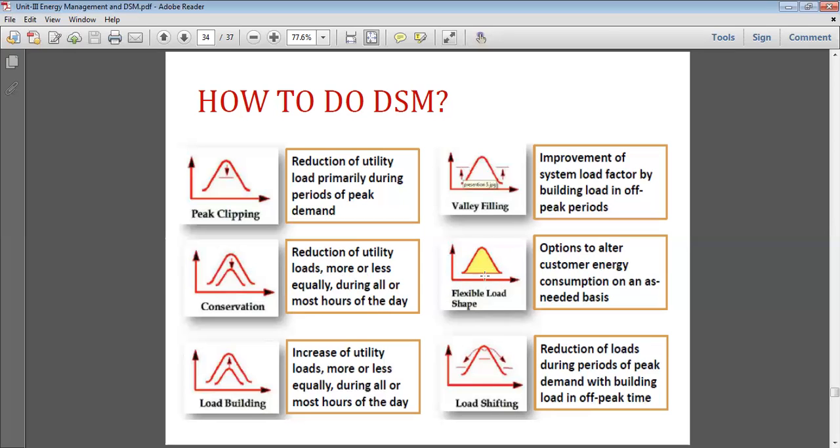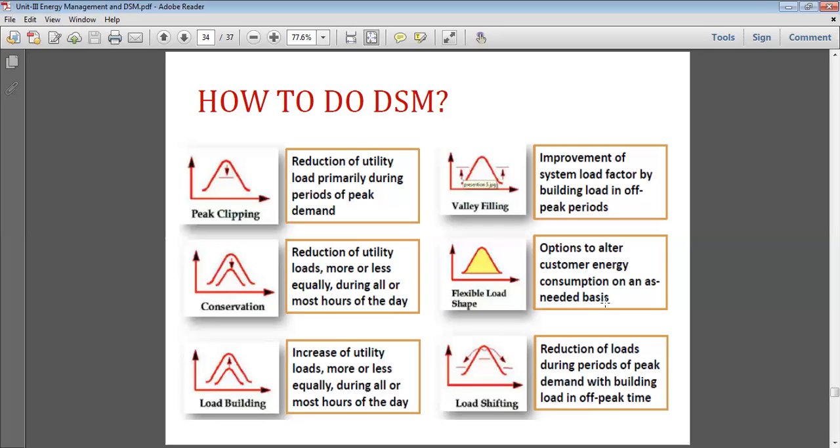This represents the flexible load shape. Flexible load shape options alter the consumer energy consumption on an as needed basis. So as per the need, we can do the flexible load shape. We have discussed that it is not necessary to run the pumping load in the daytime, so we can shift it into the night time.